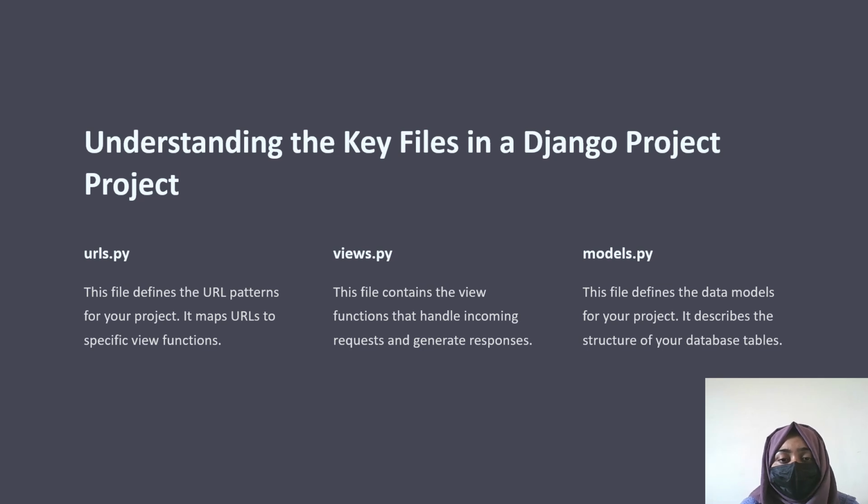Then views.py contains the view functions that handle incoming requests and generate responses, whatever requests we get from the users. And models.py defines the data models of your project. It describes the structure of your database tables.